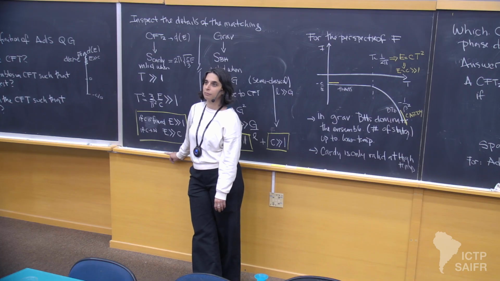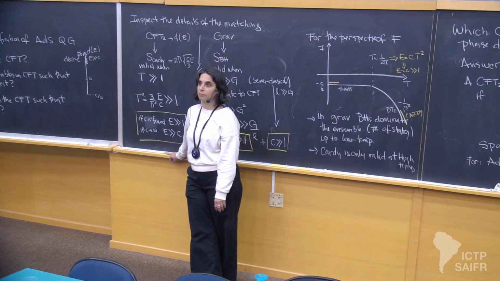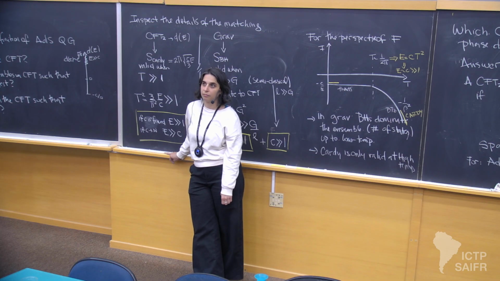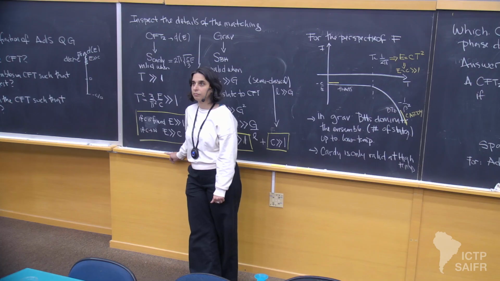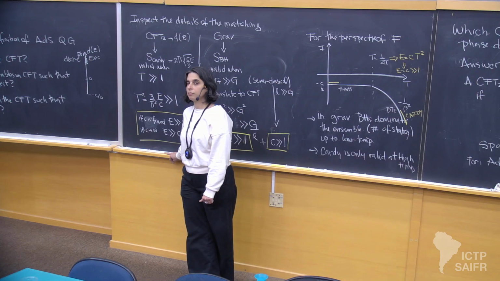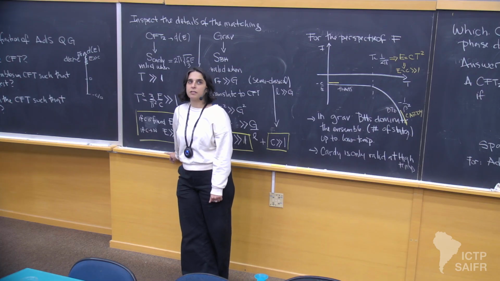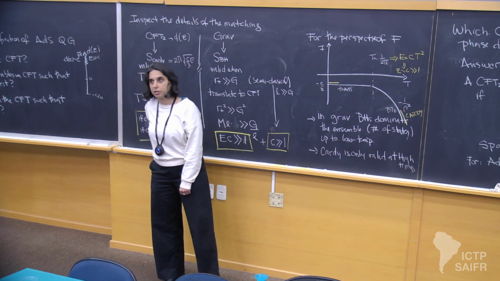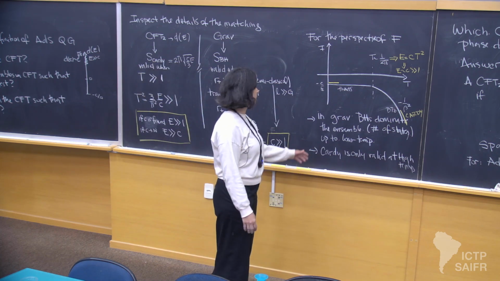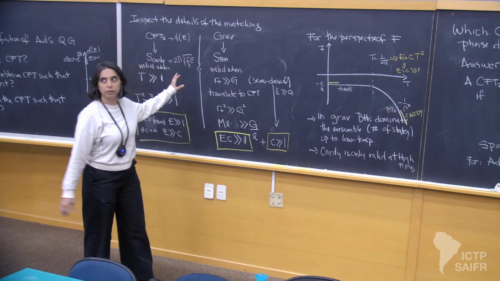But maybe I wanted to ask your intuition on doing a sum on the CFT side and fixing the topology and the geometry on the gravity side. That's not going to help you. The reason why people have been thinking in terms of averaging is because of this type of universality.